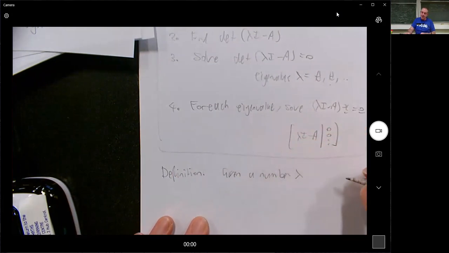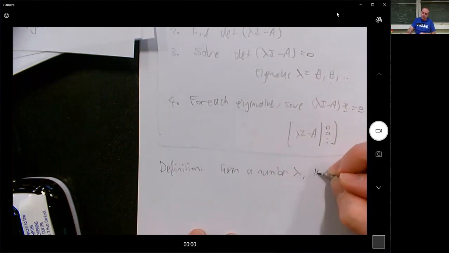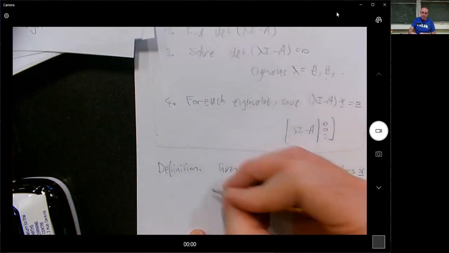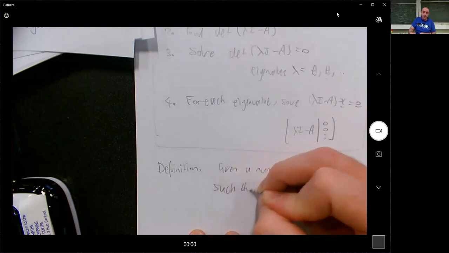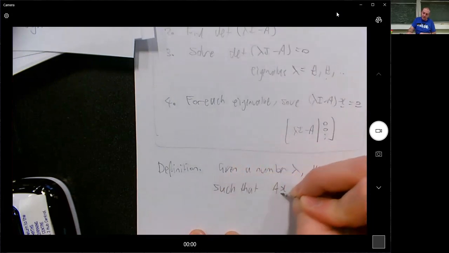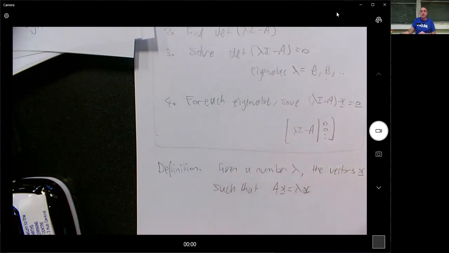Given a number lambda, the vectors x such that Ax is lambda x, all the vectors x such that Ax equals lambda x together are called the eigenspace for lambda.